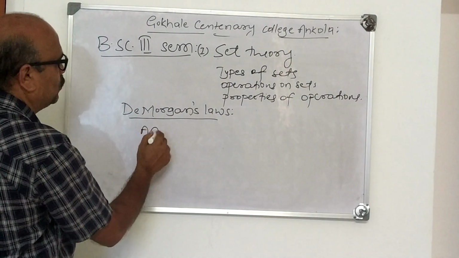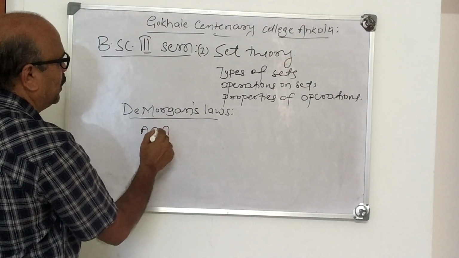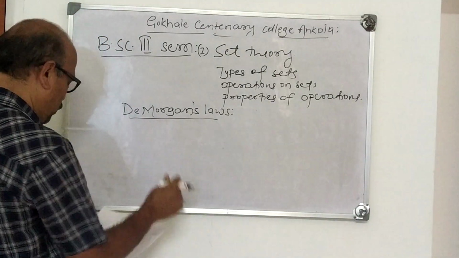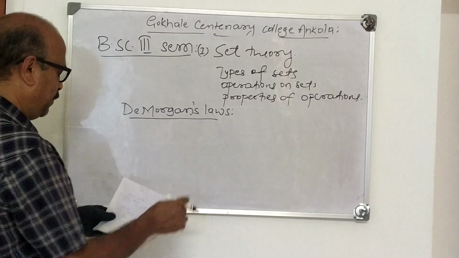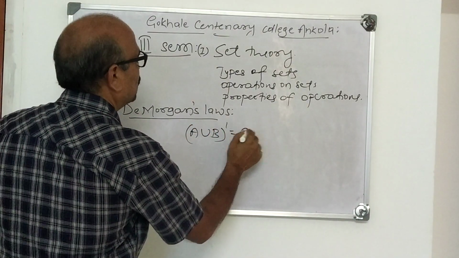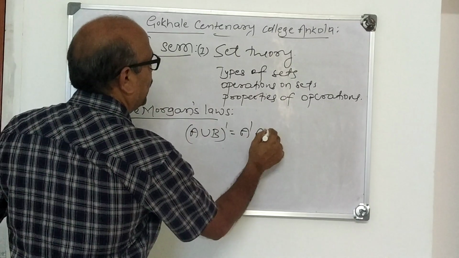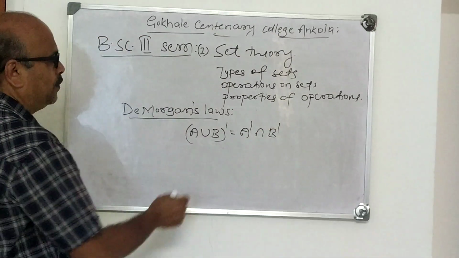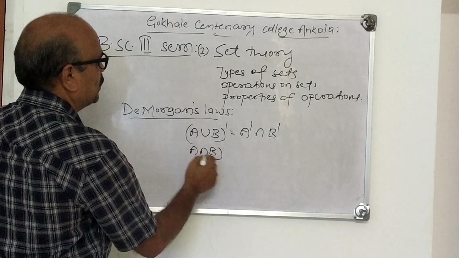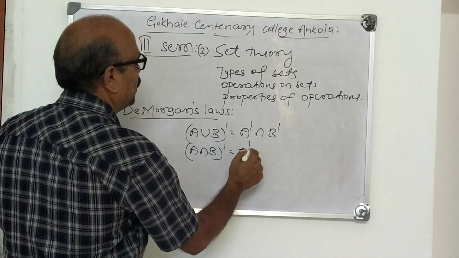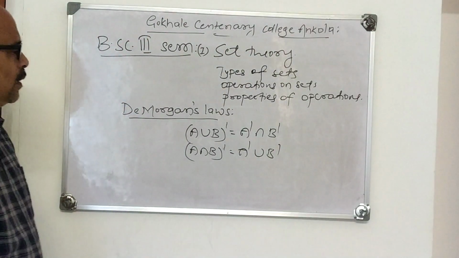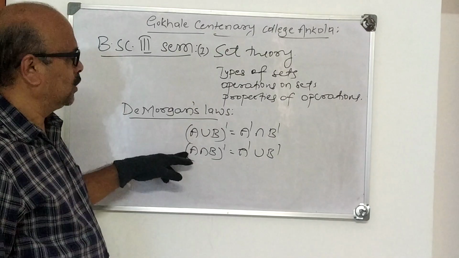Suppose A and B are non-empty sets, then (A union B) complement is equal to A complement intersection B complement. I explained what is the complement of a set. (A intersection B) complement is A complement union B complement. This is called De Morgan's laws.